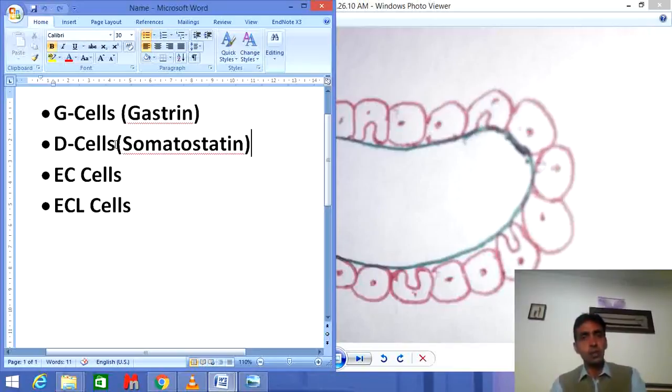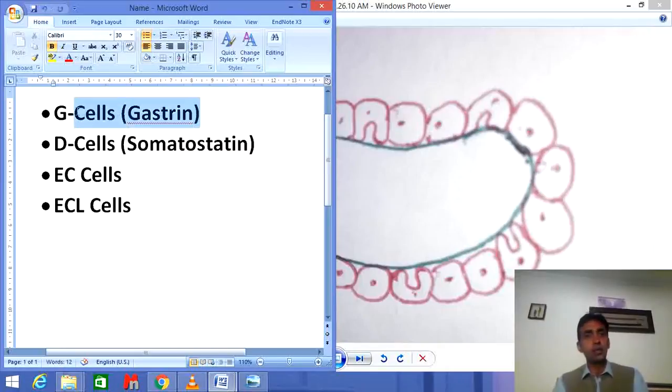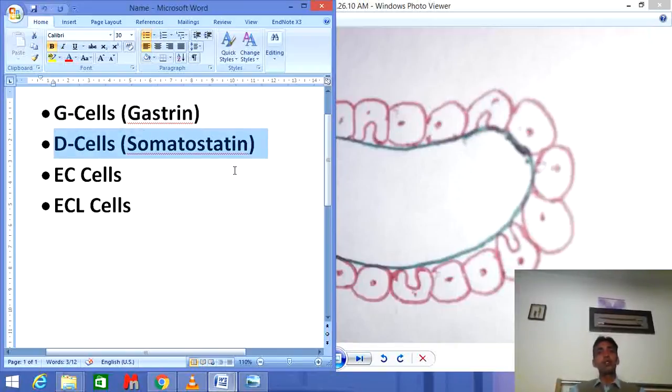This is responsible for the inhibition of the parietal cell. Gastrin is responsible for the activation of parietal cell, and the somatostatin is responsible for the inhibition of parietal cells to secrete the HCl.